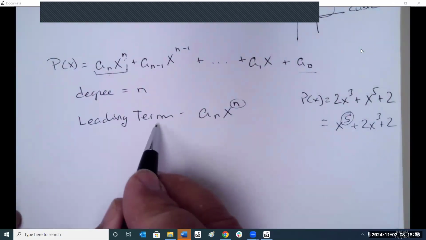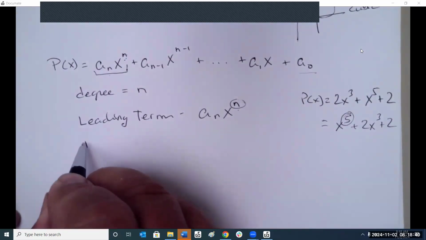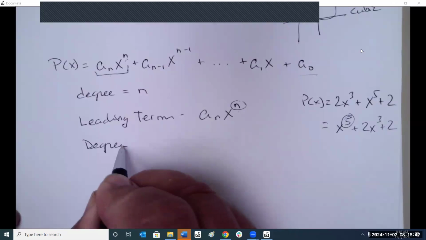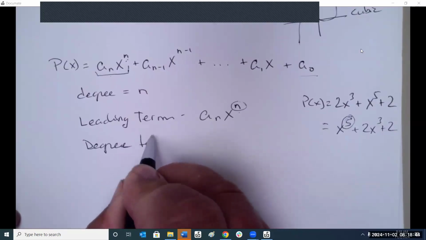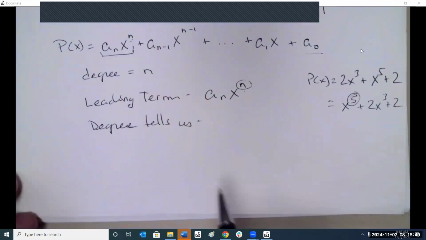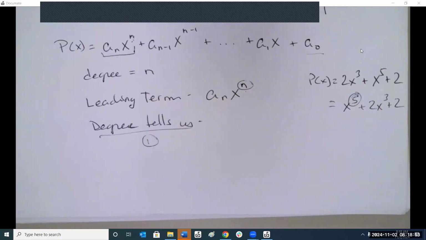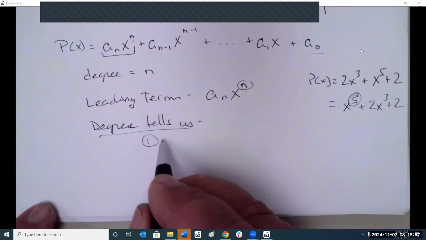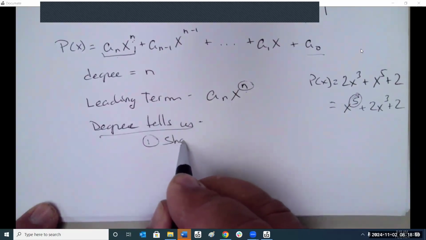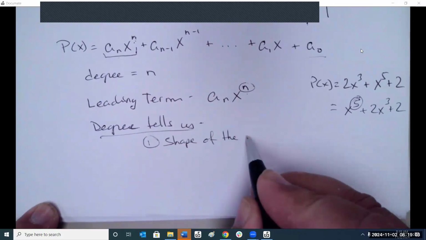So in the leading term, we have the degree, that's n. What does the degree tell us? What does the degree tell us? The shape of the graph.